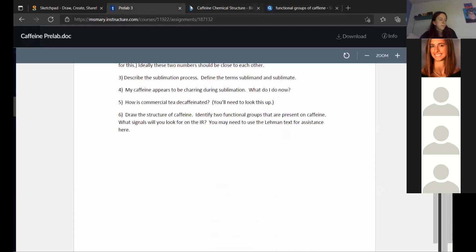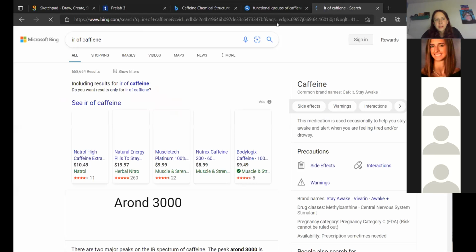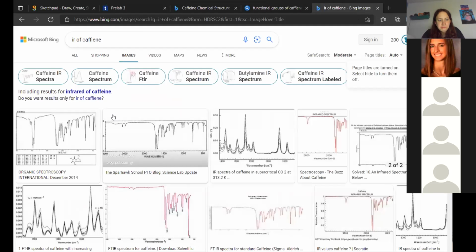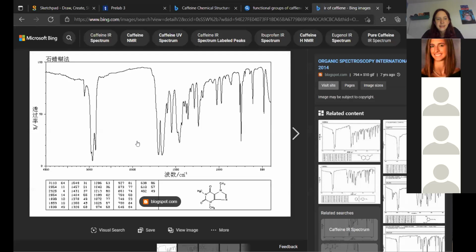So when it comes to IR, you're going to get basically this weird looking graph. I'm going to look it up for you just to show what it would look like. You're going to get a graph that looks something like this.